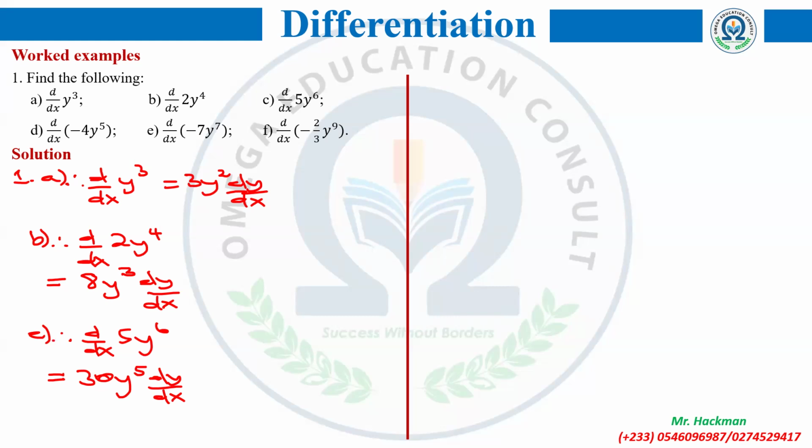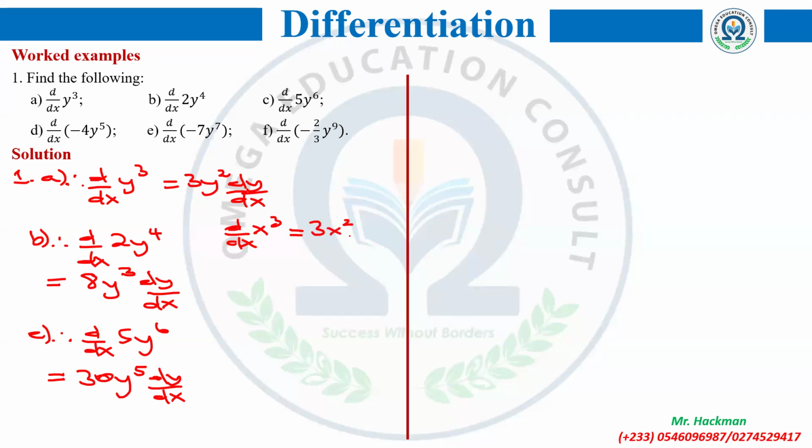Any questions here before I move on to the last 3 questions? So we are all fine at this point. Great, we thank God. Assuming in this question all your y's were x, so if I had d/dx of x cubed, what would that give us? 3x squared.